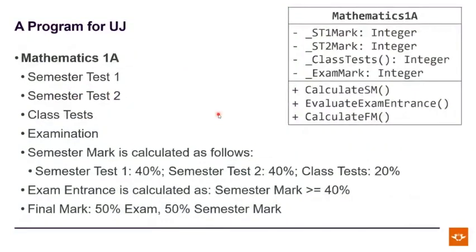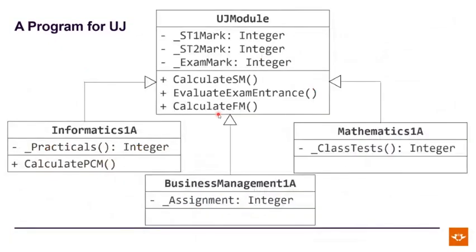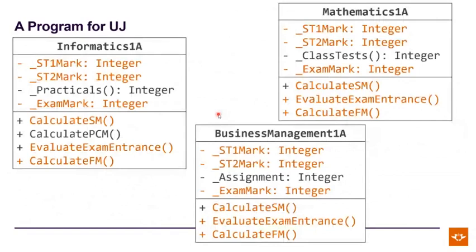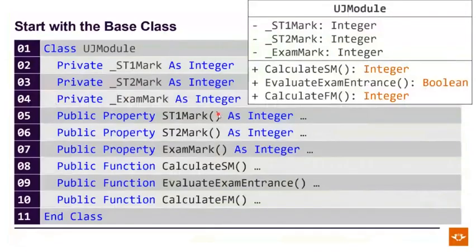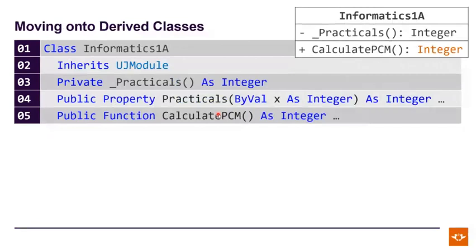Now, when it comes to the UJ module, we find the common qualities and we start pairing them up. So we pair up the common qualities and make our base class, which is then the UJ module as you see in front of you now, with its variables, its property methods, and its functionality. We then have our next class, inherit UJ module.